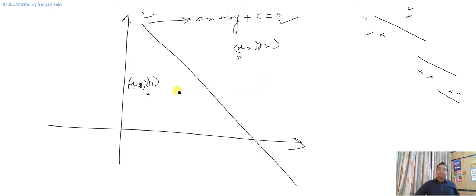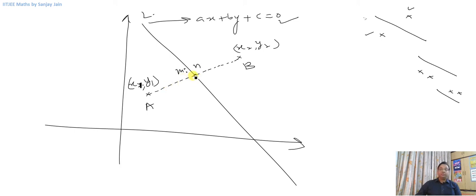Let us first of all join the points x1 y1 and x2 y2 and consider this point. Let us say this point divides this line AB in m is to n. Of course this is internal division.